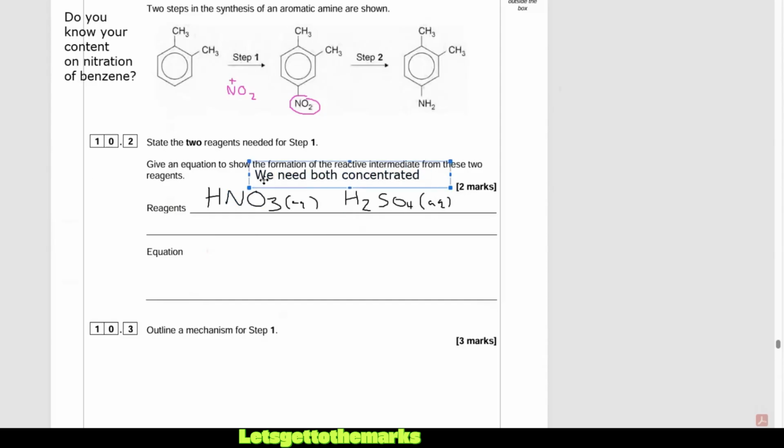Cool. Now we need to do the equation. You can do this equation in 2 parts. I'm going to give you the overall equation because they just want 1 equation. You can do this in 2 parts where you first form H2NO3+, but we're not going to do that. First of all, the sulfuric acid acts as the acid and donates the hydrogen to the HNO3 to make H2NO3+. But I'm just going to give you the overall equation. So it's H2SO4 plus HNO3.